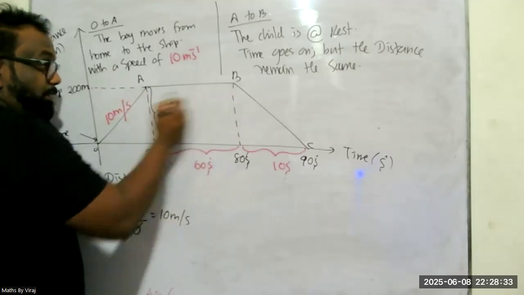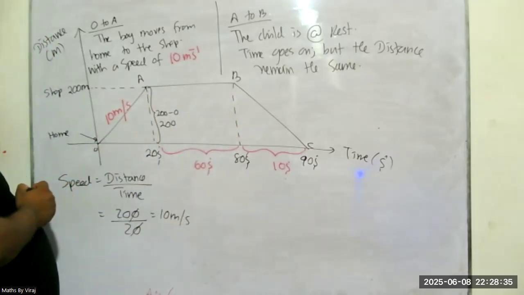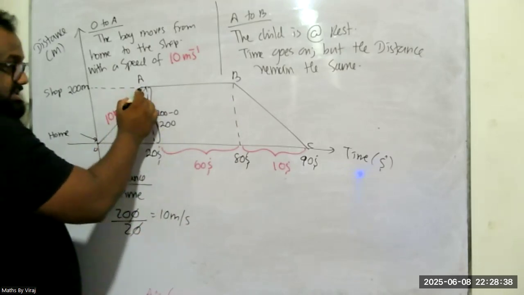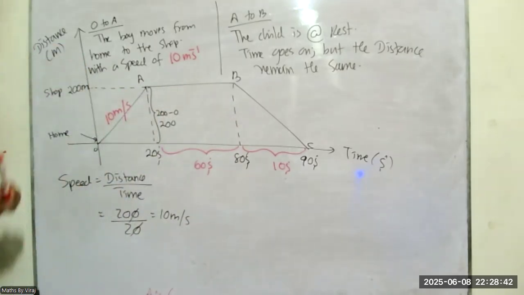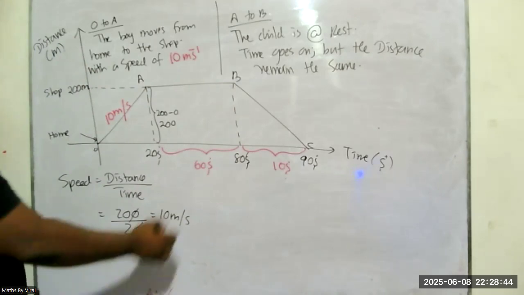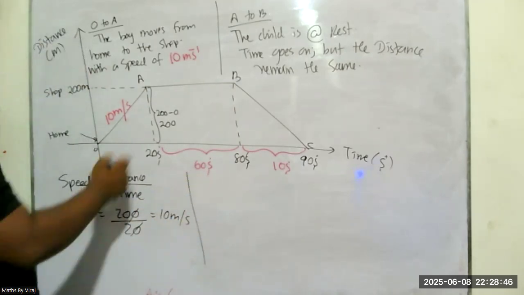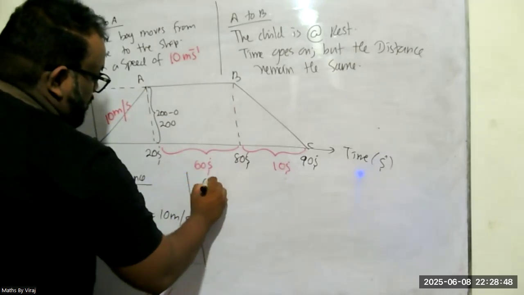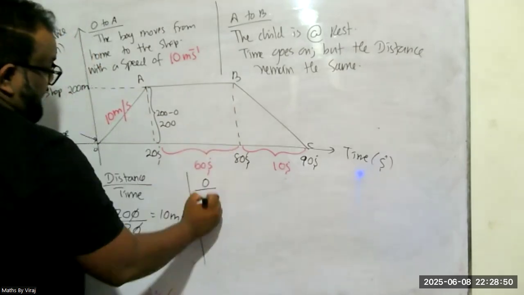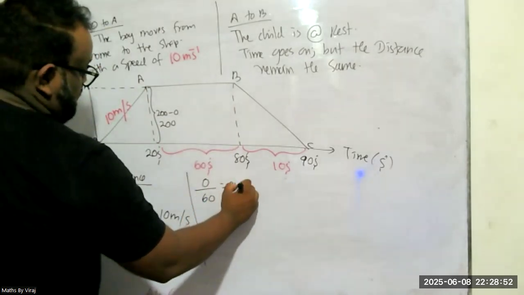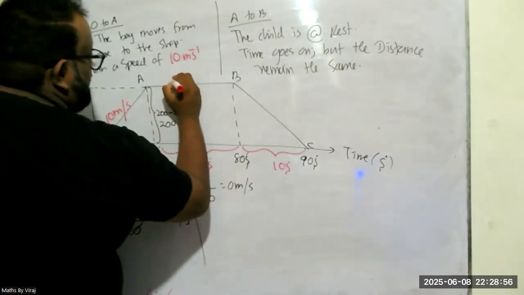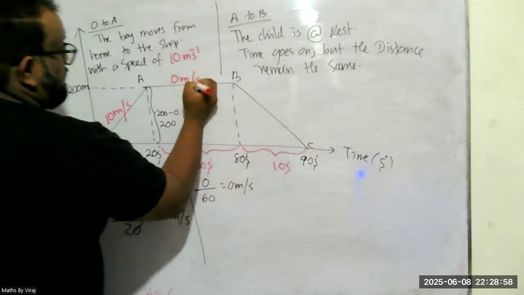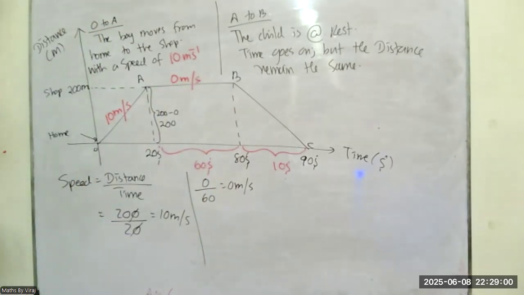Do you see a slope here? No, we do not. Therefore, what do you think is the speed? No distance moved, time goes on, 0 meters per second. Am I clear? What is happening from B to C?